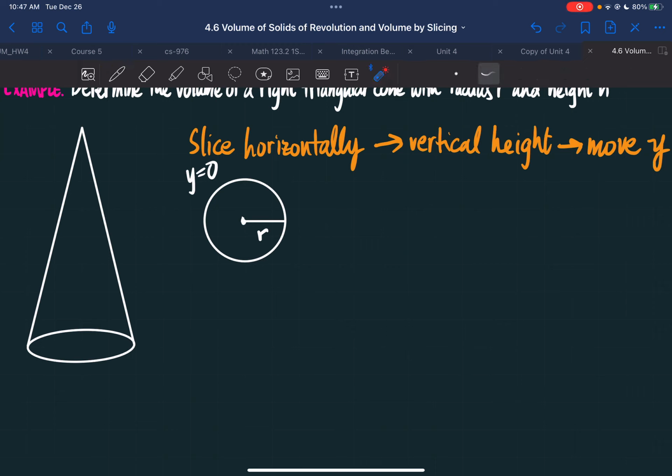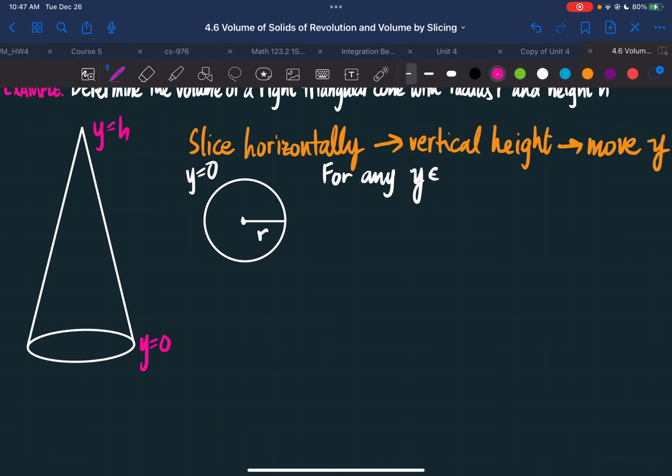But if we slice arbitrarily right here, so that means for any y, from the very bottom, y equals 0, to the very top, recall that our cone has height h. So that's y equals 0 to y equals h.